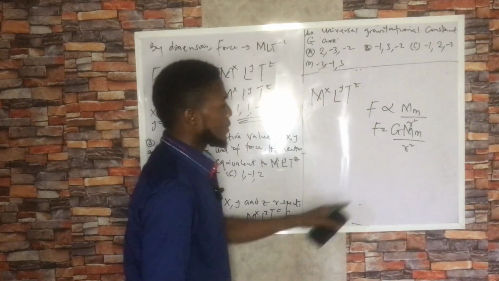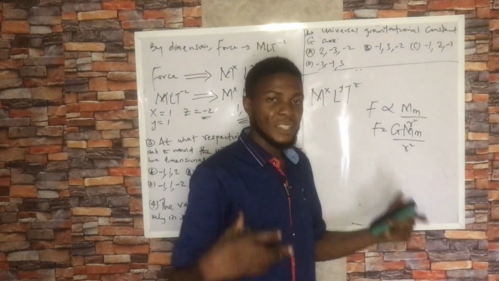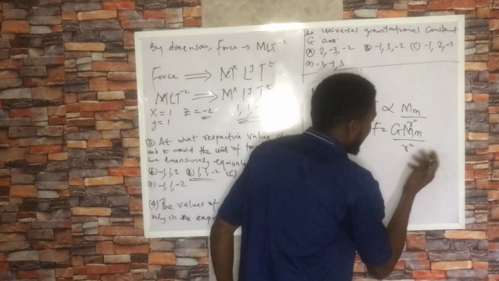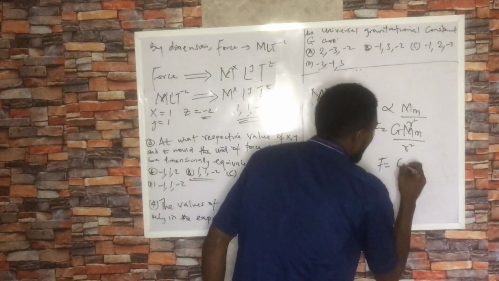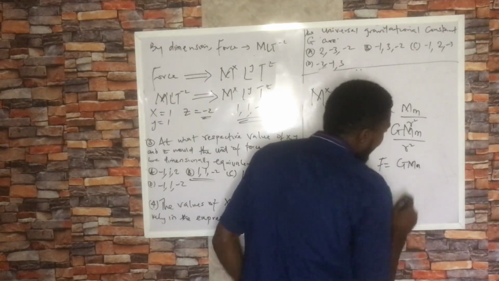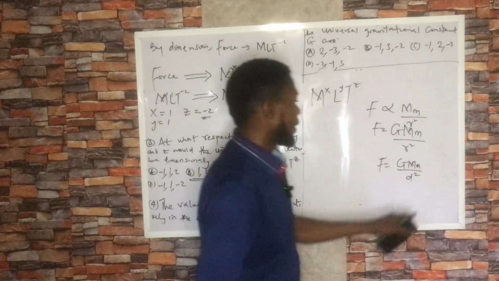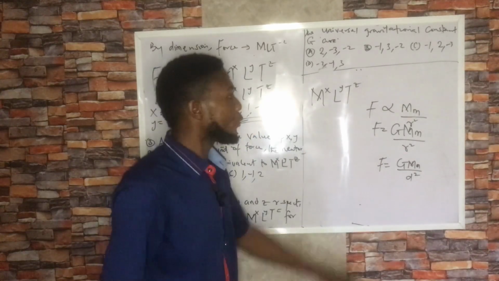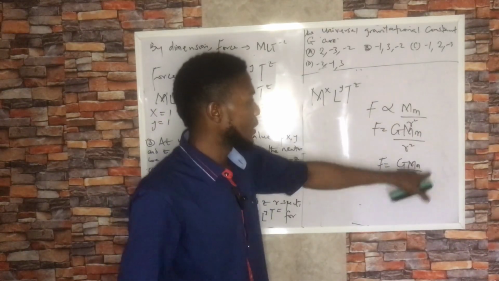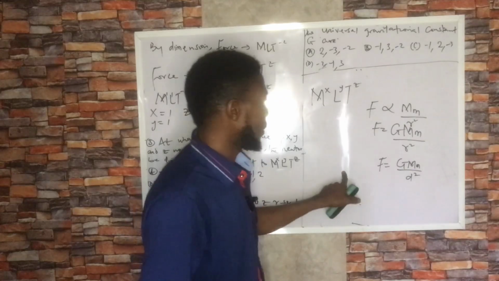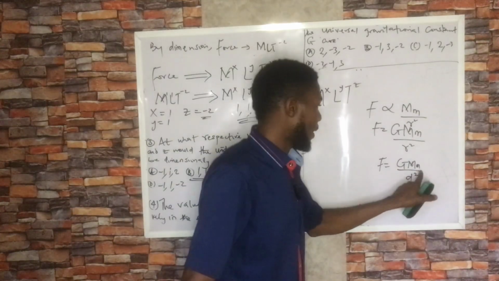But in this case, since radius is also a distance, it is safe to say F is equal to G M m over d squared. You can use d squared following the law. This is the expression of the law.